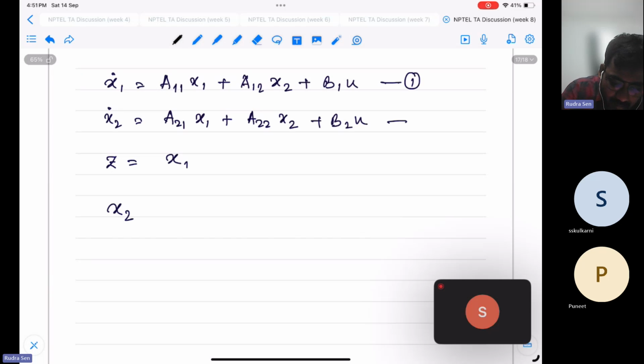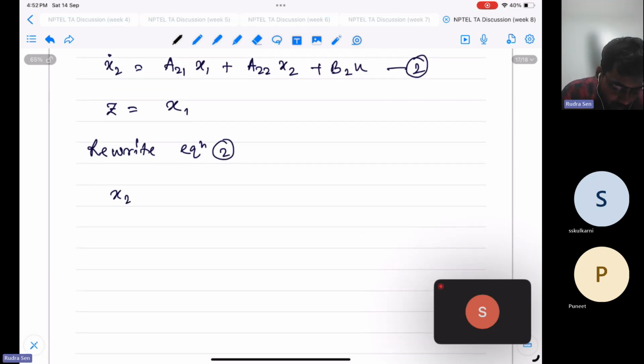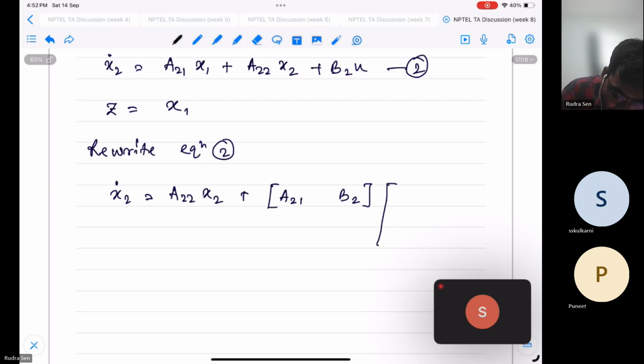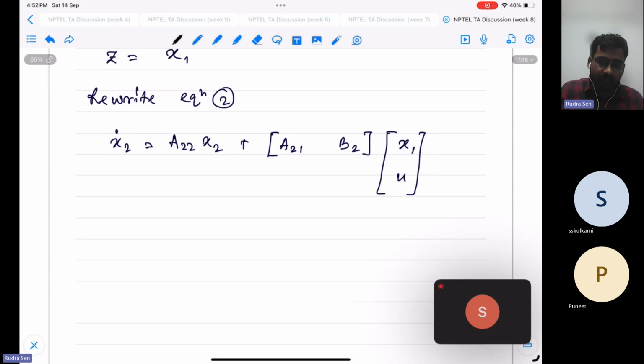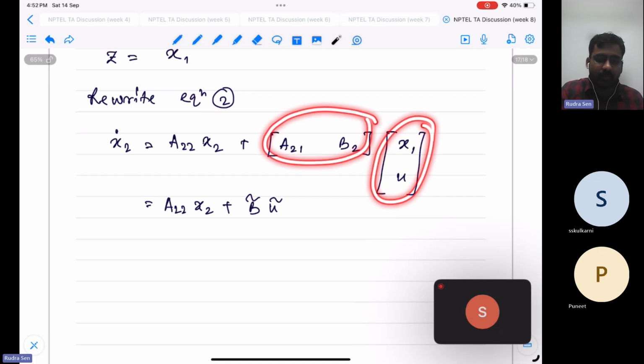This is equation 1 and this is equation 2. To rewrite equation 2, x2 is unknown, so I put all the x2 terms in this format, and we know x1 and u. So this is A22 x2 plus b tilde u tilde, where I am calling this term u tilde and this term b tilde.